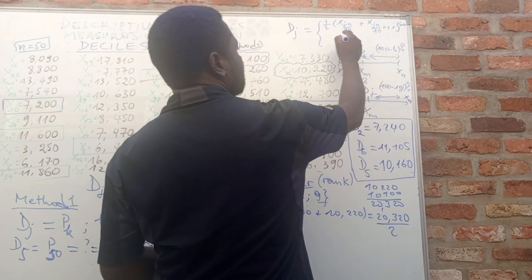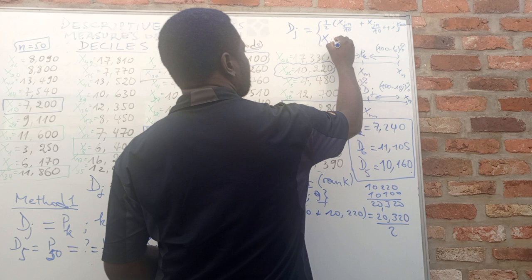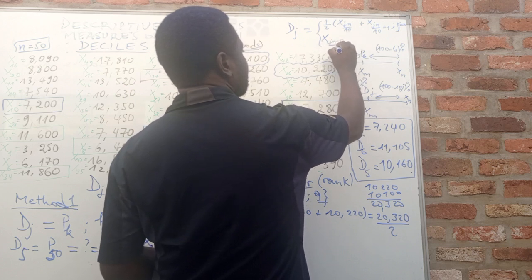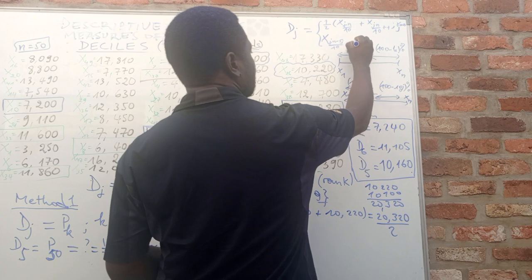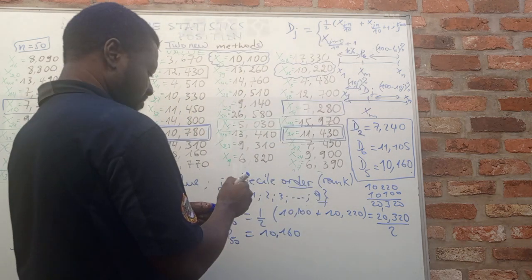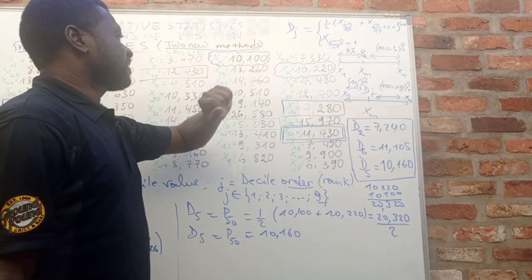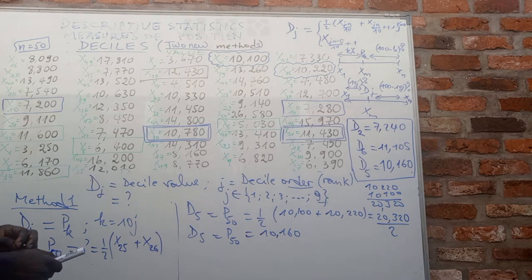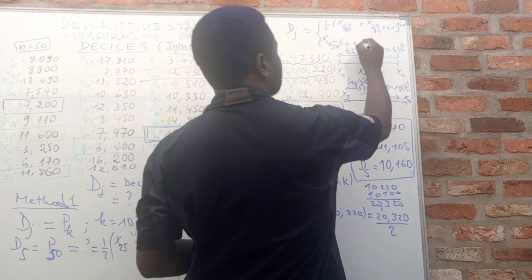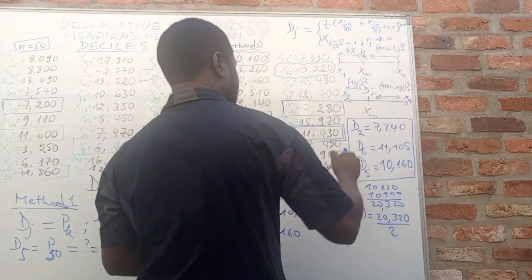Now if it is different from 0, we're going to have x sub jn minus rj over 10 plus 1, that one is going to be the decile of order j, the value, in case rj is different from 0.